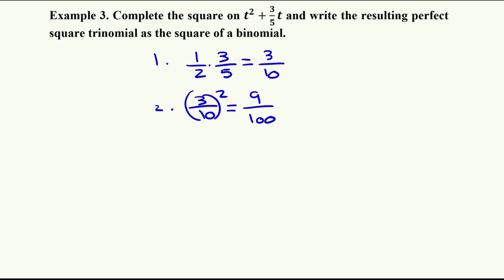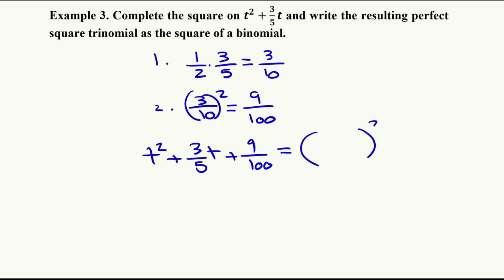So we're going to take t squared plus 3/5 t, and add 9/100 to it, and now we know that is going to be a perfect square of the expression t plus 3/10, and that's how you complete the square on a partial quadratic.